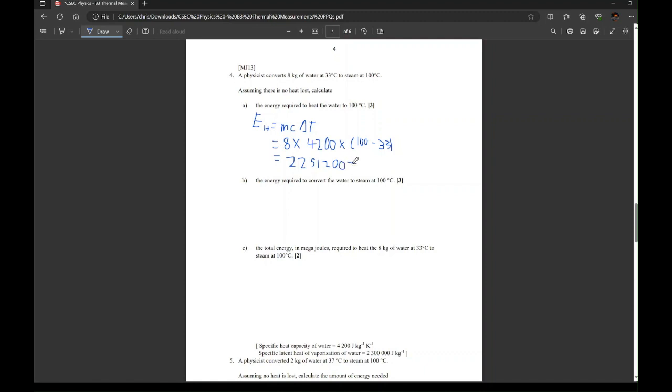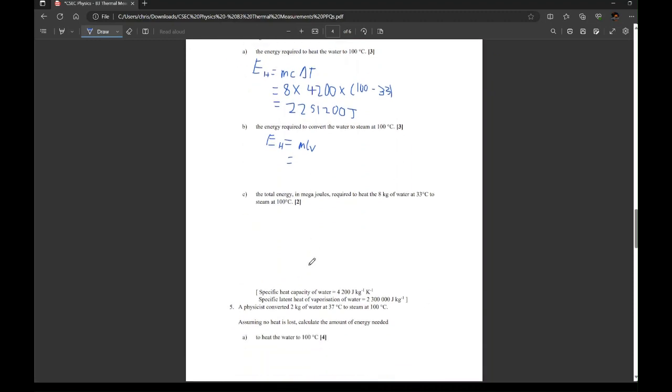This right here, and of course that's in joules. The energy required to convert the water to steam at 100 degrees Celsius. Okay, so that's gonna be again E sub H, but this time we're gonna be using the MLV formula, which is of course the energy from latent heat of vaporization for water.